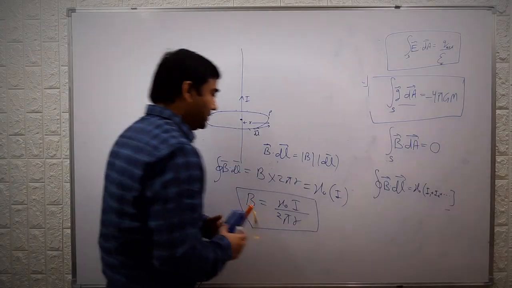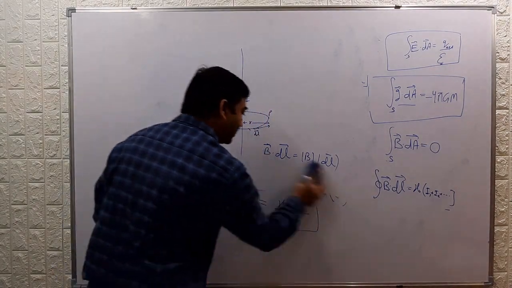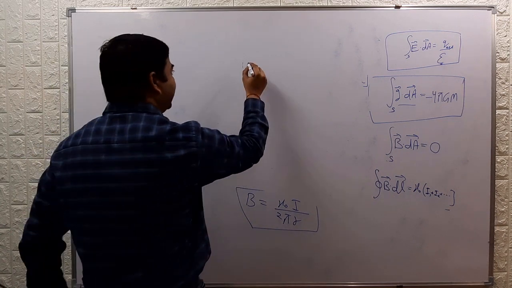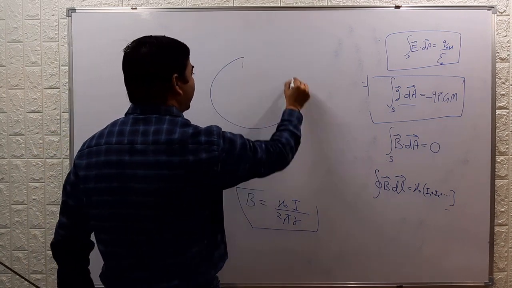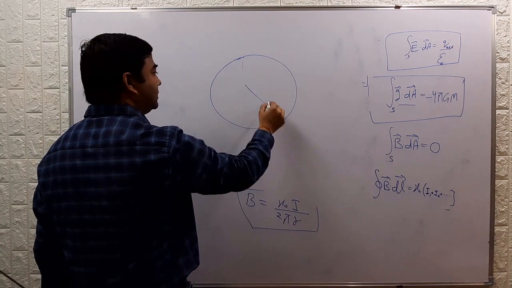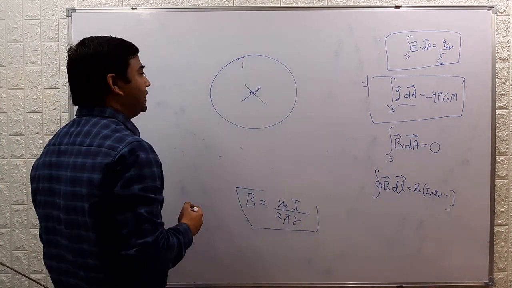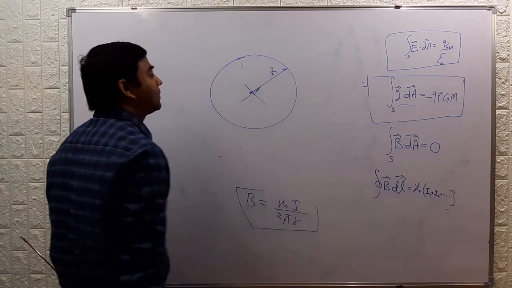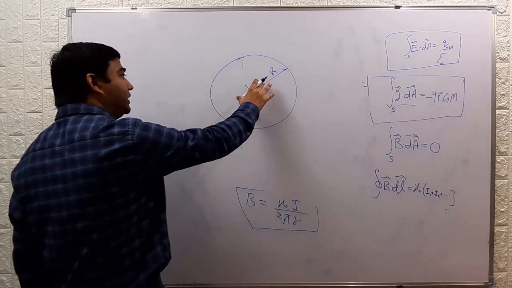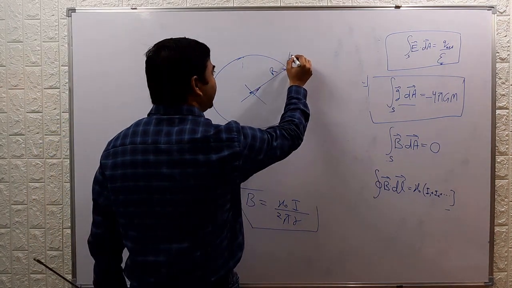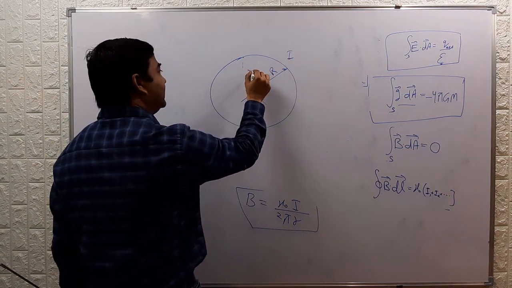Now take another case. This is the wire, and this is the cross section of the wire, having radius R, and the current I is flowing through this wire vertically downward.